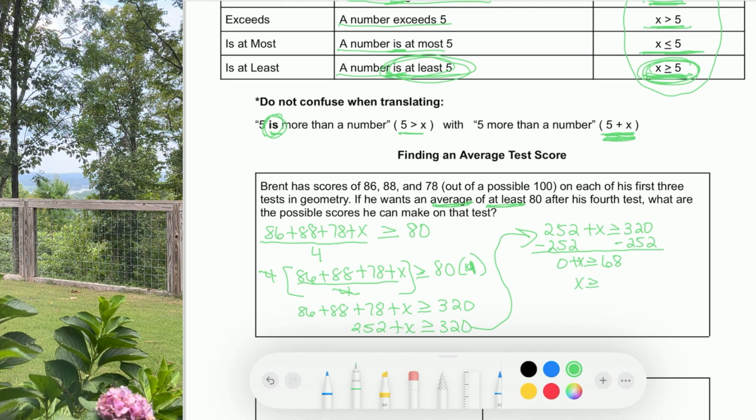All right, so x is greater than or equal to 68. So for Brent to keep at least an 80, a minimum of an 80 in his class, he must make at least a 68 or higher on his test. If he makes below a 68, he will not end the class with an 80. Okay, so that's what this is telling us here.